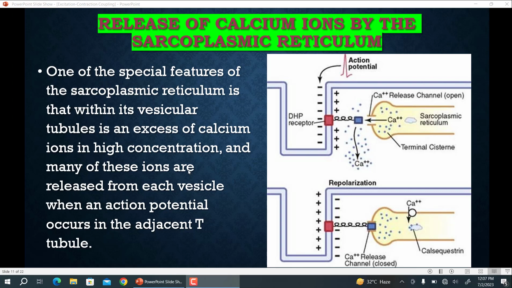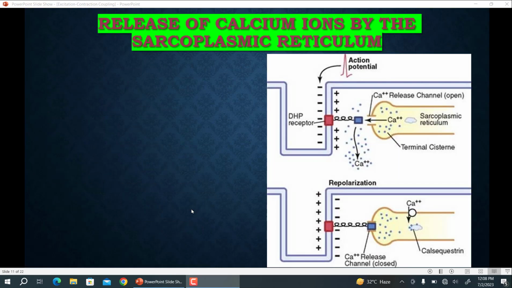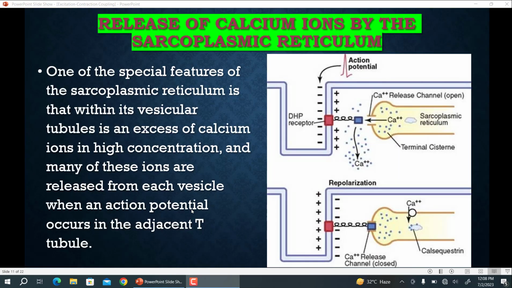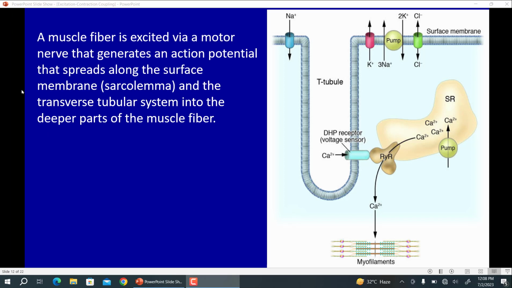So the calcium is released due to the action potential when they are stimulated. How they are stimulated, we'll discuss in the next slide. A muscle fiber is excited by a motor nerve and generates an action potential.